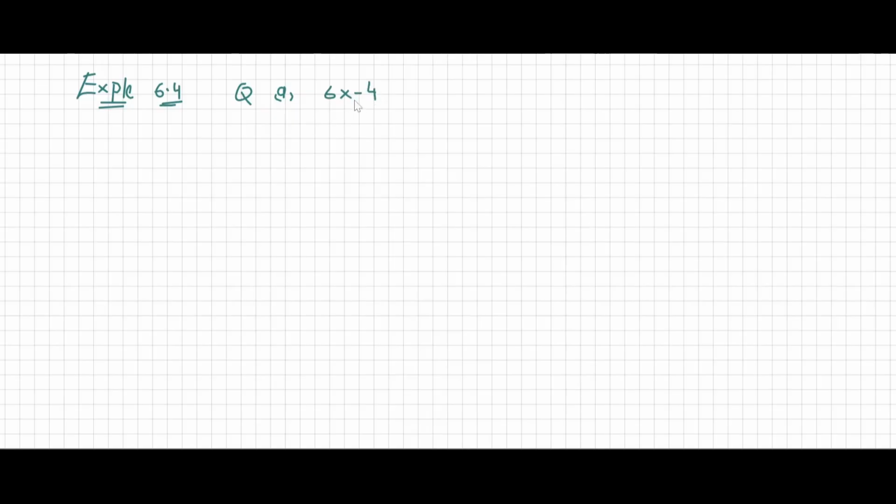So now we have a positive number, I can write in the blue color, and basically we are multiplying with a negative number. It will give a negative. So 6 into minus 4, it will give you minus 24.